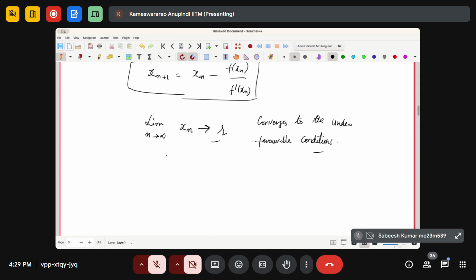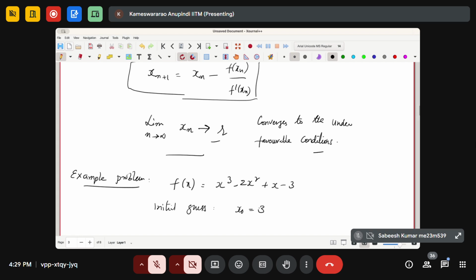Let's then try to solve a problem, but I need your help to evaluate f of xn and f prime xn. So this is an example problem. f of x is given as x cubed minus 2x squared plus x minus 3. The initial guess is given as x naught equals 3.